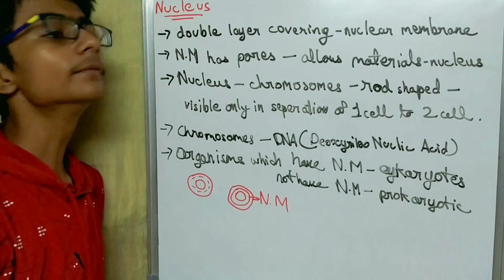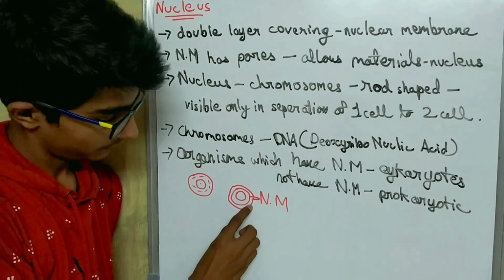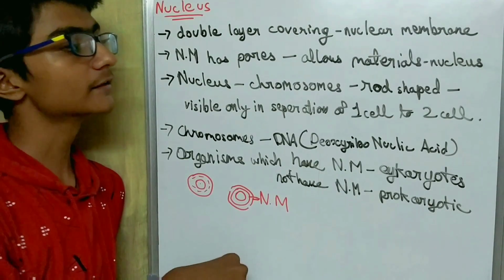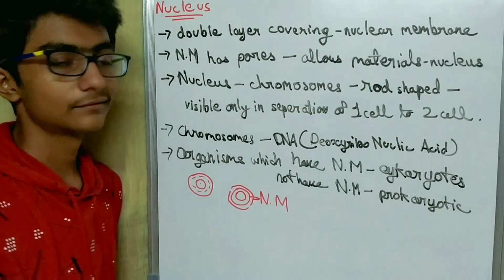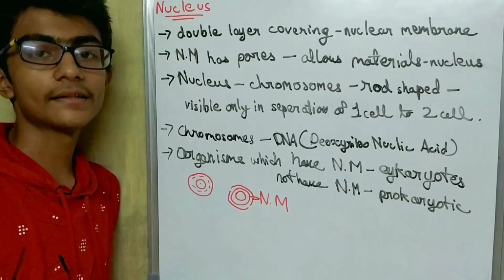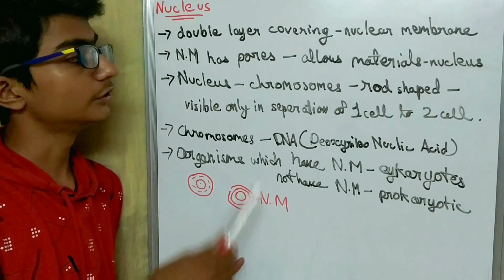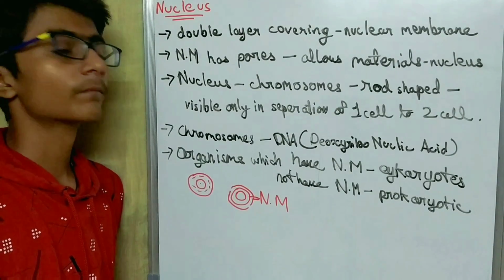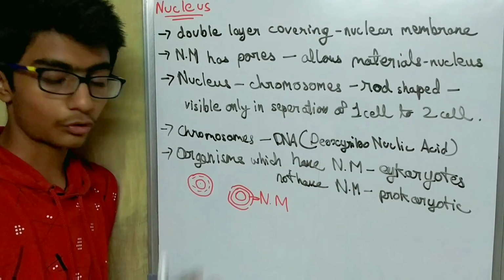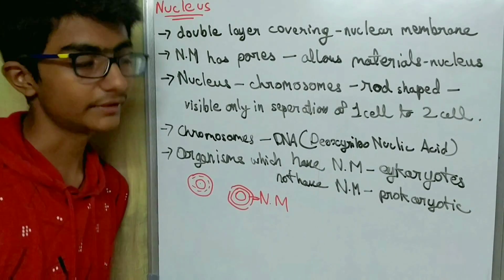Now nuclear membrane has pores in it, which means very small gaps like this, which allow materials, some to come inside the nucleus and some to go outside. These pores allow the nuclear membrane to take all the materials inside the nucleus and to throw the other materials which are not useful outside the nucleus.